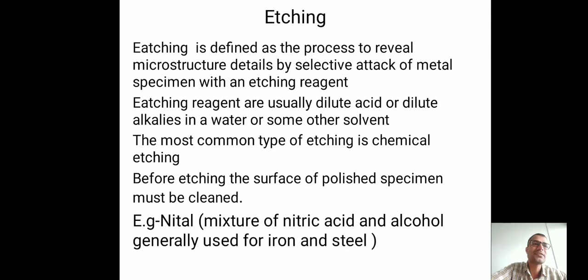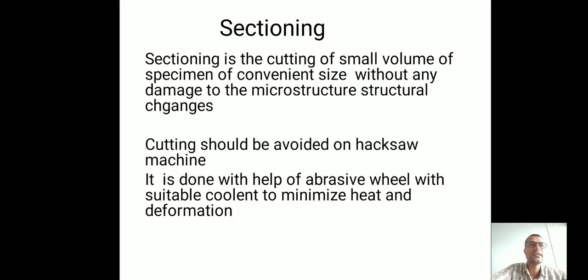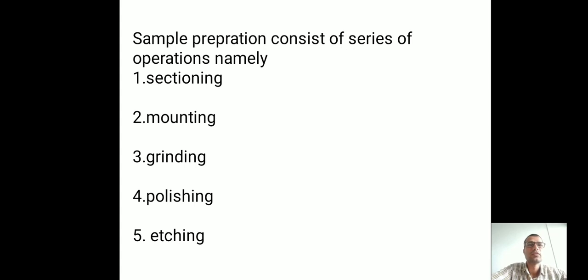Sample preparation consists of a series of different operations, in which the first is sectioning. Sectioning means to cut the material into small pieces. Then mounting means holding that small piece in a plastic material to perform the various other operations.